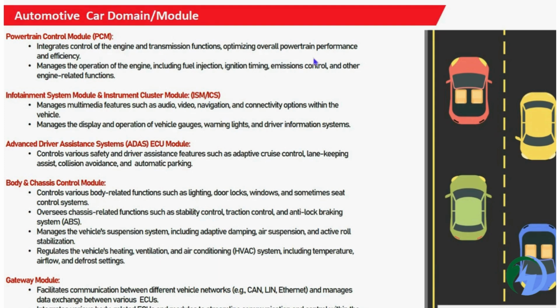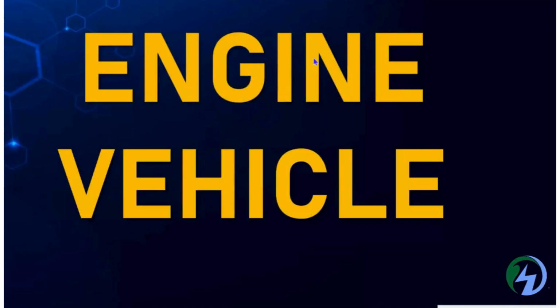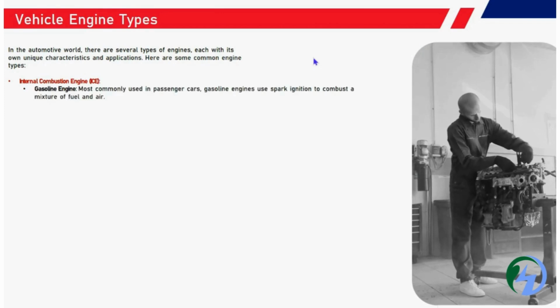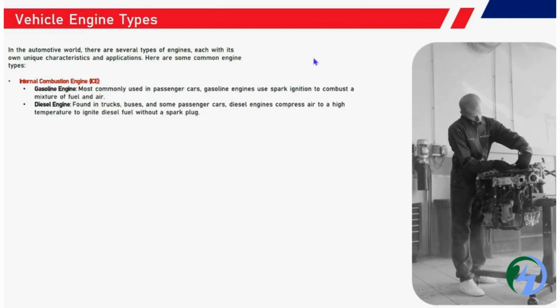So these are the five different models and the domains most work on the automotive. What are the engine vehicles? Generally the engine vehicles are categorized as the internal combustion engine, ICE. Here we have the gasoline engine and diesel engine.